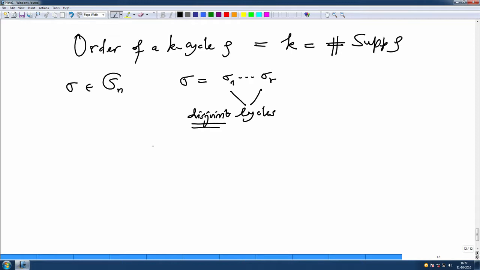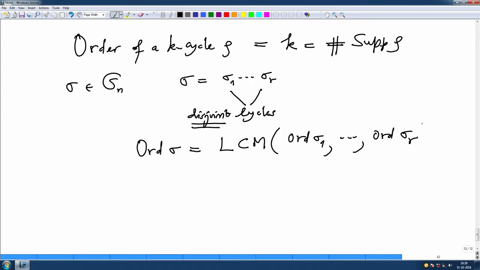So, if I raise it to a power, I want to claim that the order of sigma is nothing but the LCM of the orders of sigma 1 to sigma r, and I know this order because each is a cycle. This is equal to the cardinality of the support.